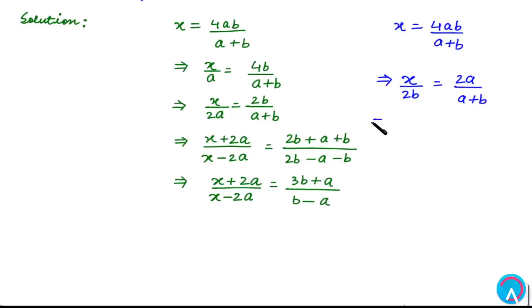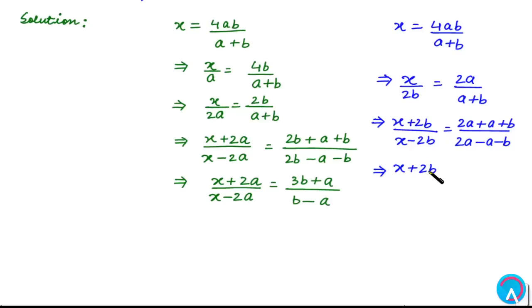This implies, using componendo and dividendo here, we will have x plus 2b over x minus 2b is equal to 2a plus a plus b divided by 2a minus a minus b. So this implies x plus 2b over x minus 2b is equal to 3a plus b over a minus b.